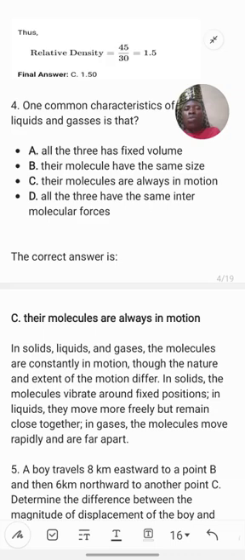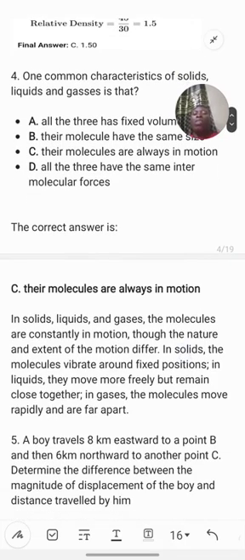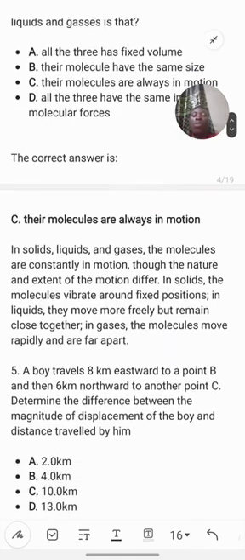Okay, in liquids, the molecules can move freely, but they will still be close together. It's just like when you are pouring water. The water can move freely, but the molecules are still close together. However, in gases, the molecules are rapid and they move far apart. So the correct option is that their molecules are always in motion.